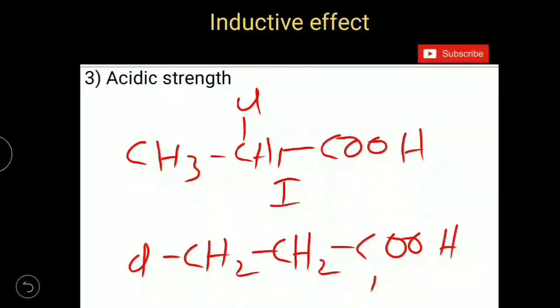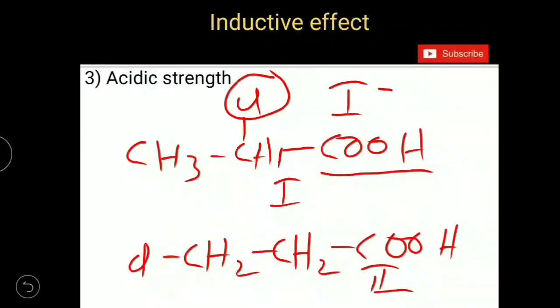So if you compare the acidic strength of these two compounds, you have a chlorine atom, an electron withdrawing group, in both the compounds, but in the first compound this chlorine atom is closer to the COOH group than in the second compound. So if the electron withdrawing groups are closer to the carboxylic acid group, then that compound is more acidic. So compound 1 is more acidic than compound 2.